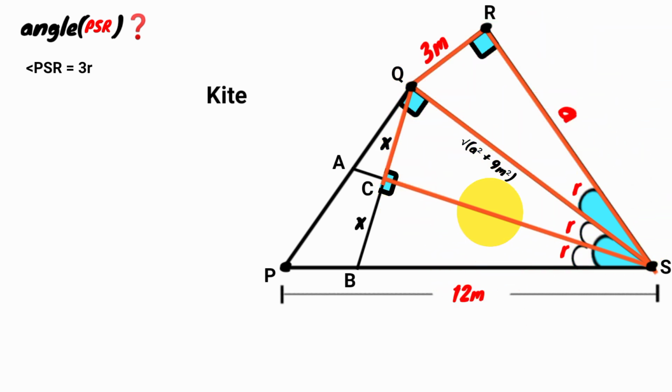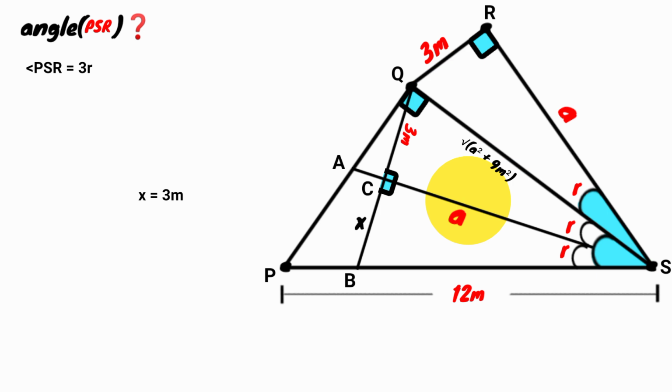Therefore, this side and this are congruent, and this are equal. So since this is 3 meters, this must also be 3 meters. Therefore, x equals 3 meters. And since this is A, this must also be A. Come here, replace x with 3 meters.